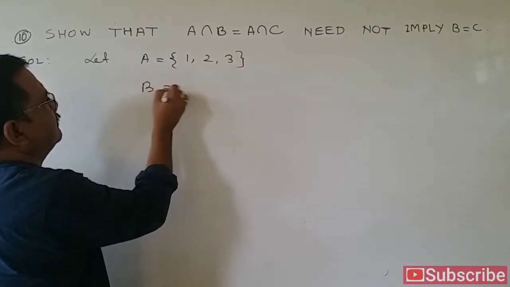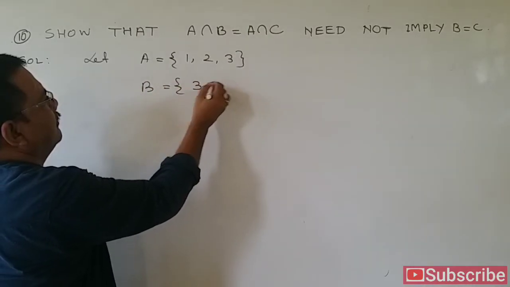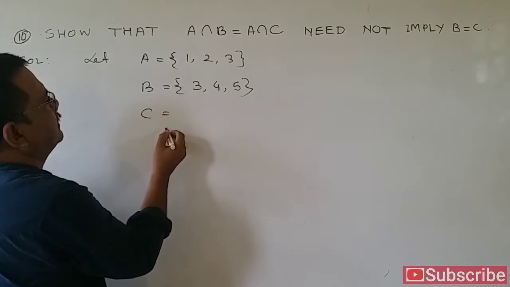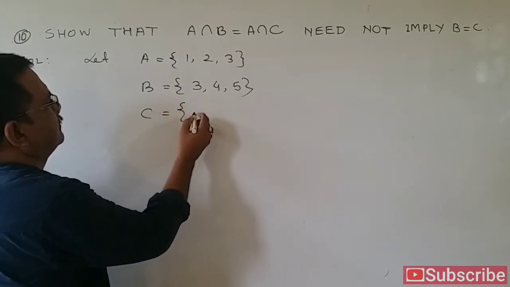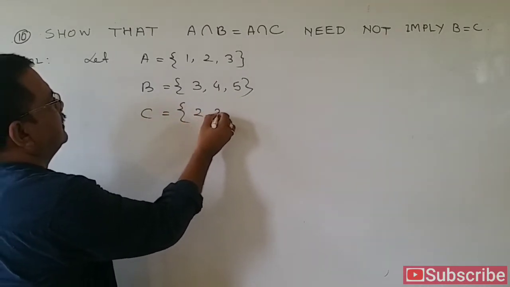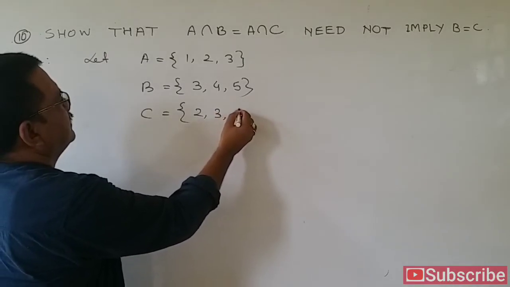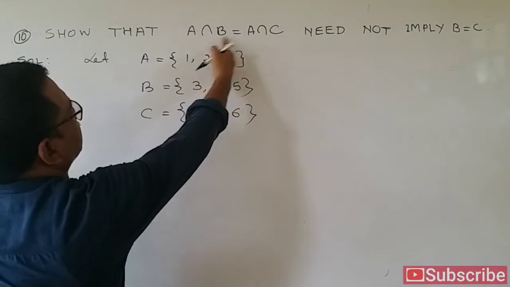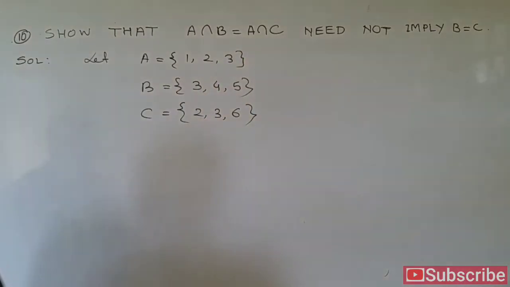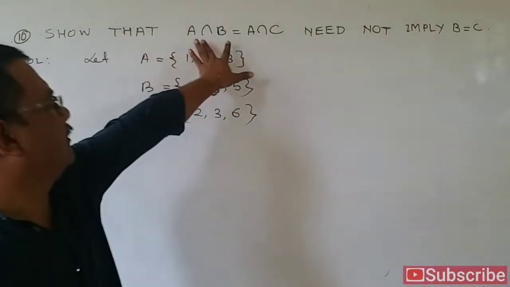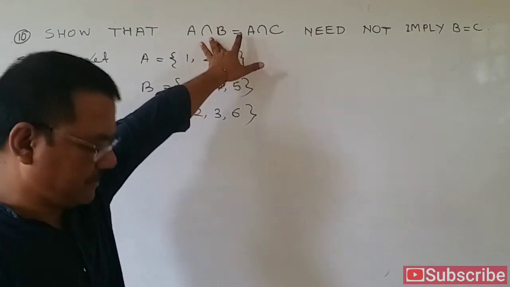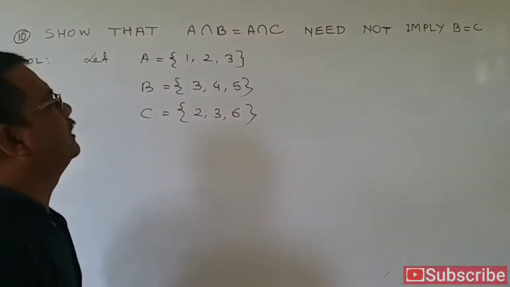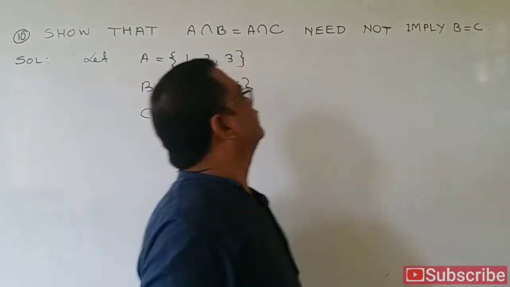Then B is equal to {3, 4, 5}, suppose. Okay. Then C is {2, 3, 6}. Got it? Now let's find A intersection B and A intersection C. Are they same? Because this is the precondition, after this condition is satisfied, we have to show that B is not equal to C.